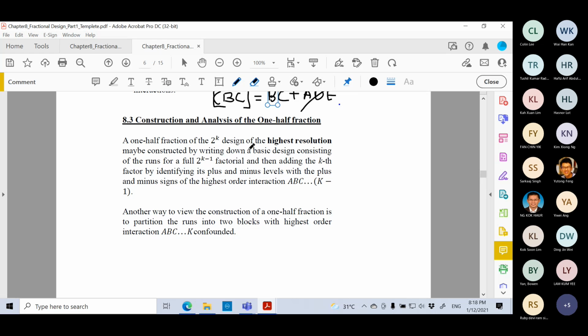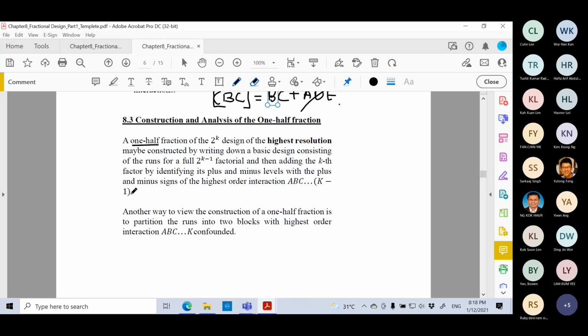So that means if you only want to run half, you write out the full factorial of 2 to the power of k minus 1, because you drop one factor. So you write down the basic design consisting of the 2^(k-1) factorial design, then add the kth factor by multiplying the plus and minus sign levels. Okay, and then finally you will get your factors from A, B, C until k minus 1.